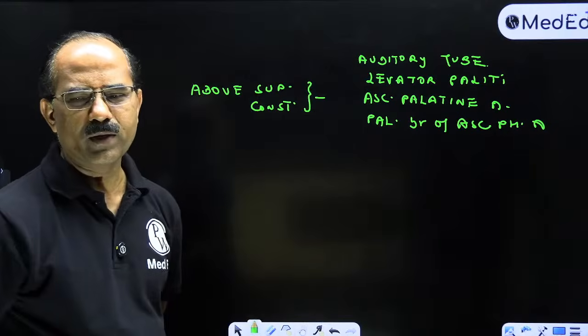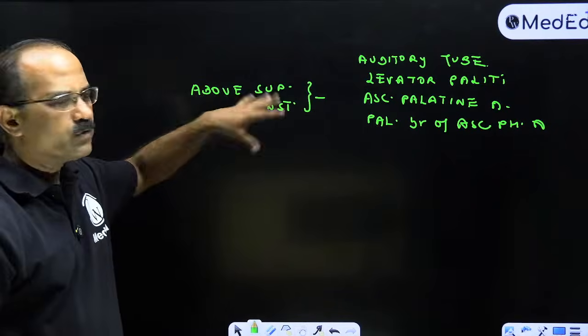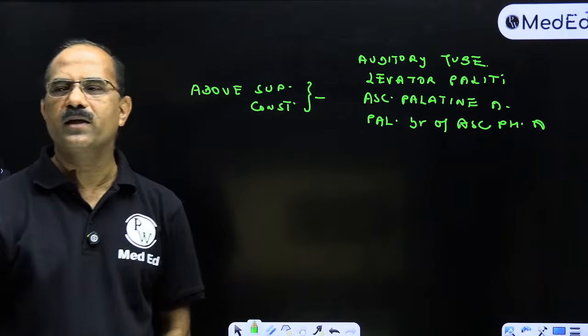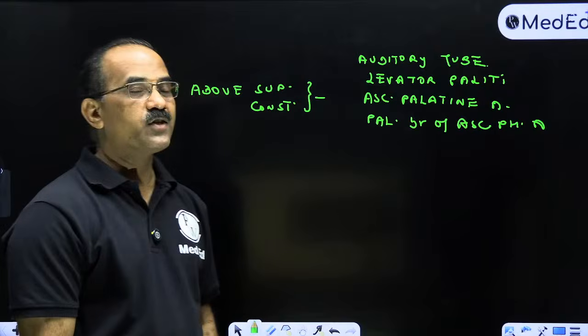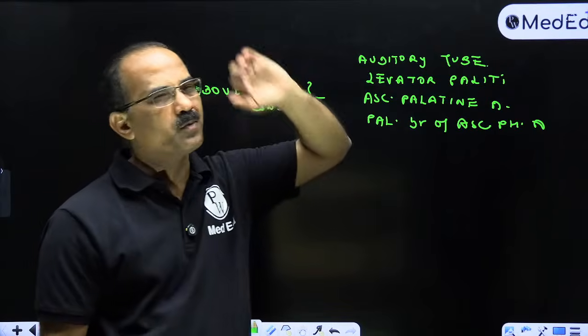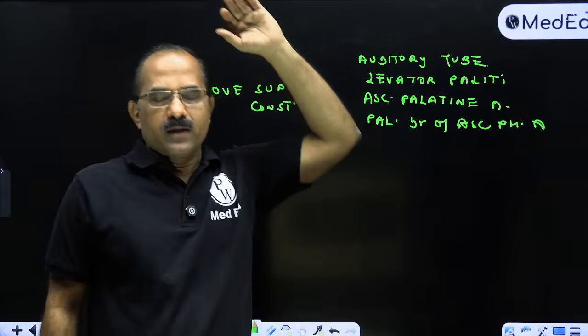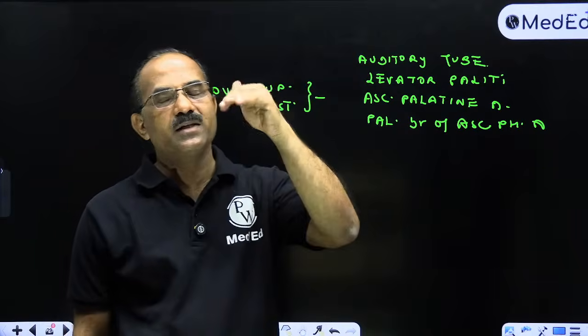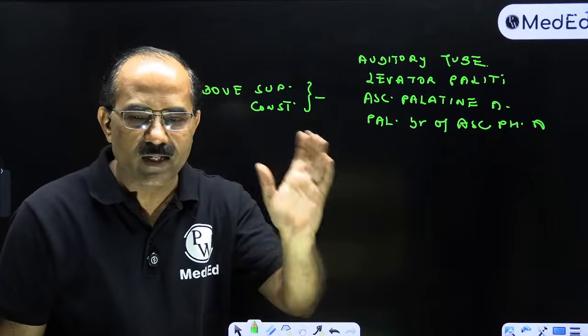That's a very important MCQ. Structures above the superior constrictor, that's the sinus of Morgagni. Structures passing through the sinus of Morgagni: one is the eustachian tube or the auditory tube, the levator palatii muscle, the ascending palatine artery, and the palatine branches of ascending pharyngeal artery.